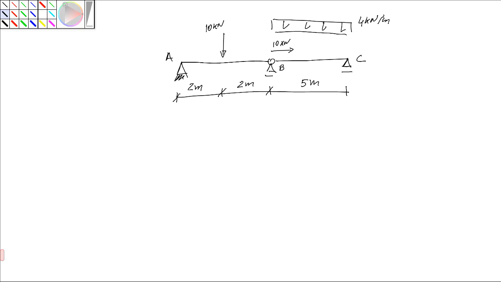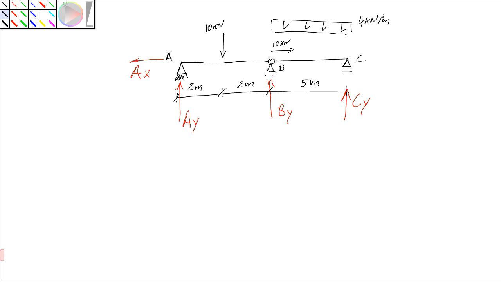So we're going to start by computing the reactions. So we have one reaction here, another reaction here, as this is a hinge, and then in this and this support we have only vertical reactions.